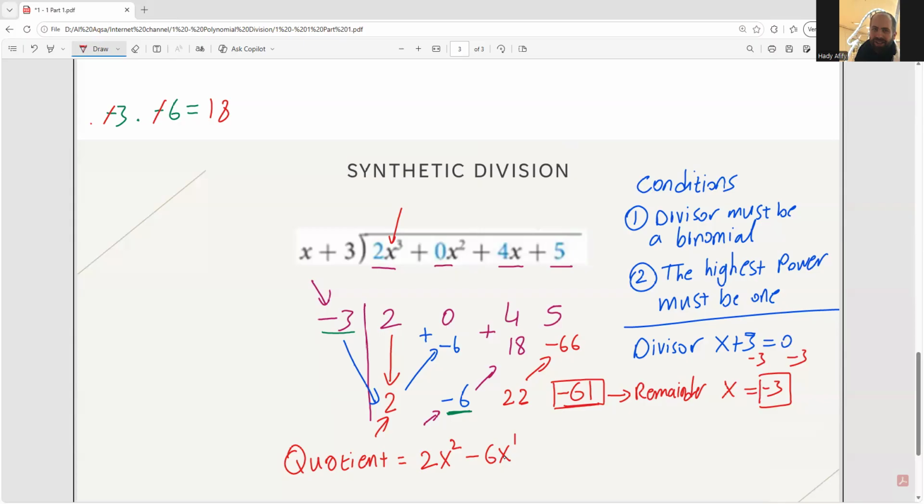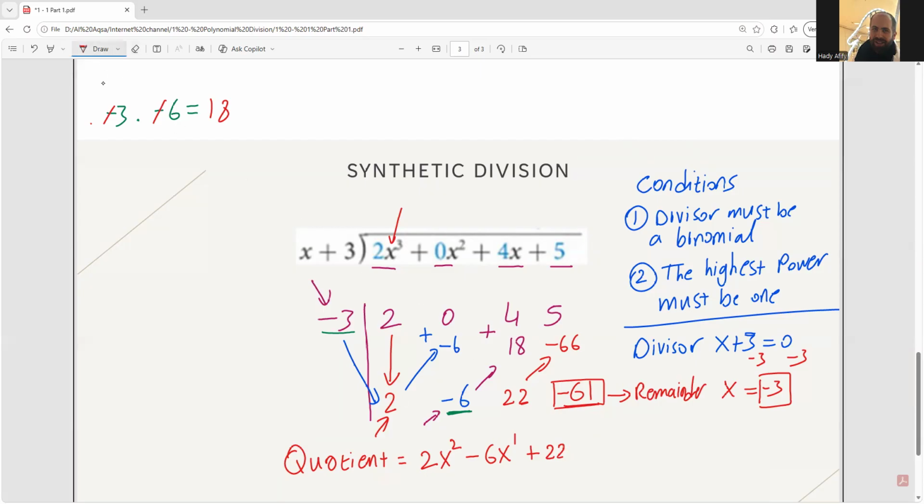You can, of course, not write the power of 1. You can just write it as negative 6x. I think both are acceptable. And then plus 22 x to the power of 0. And we know that anything to the power of 0 is equal to 1, so I don't have to write x to the power of 0.